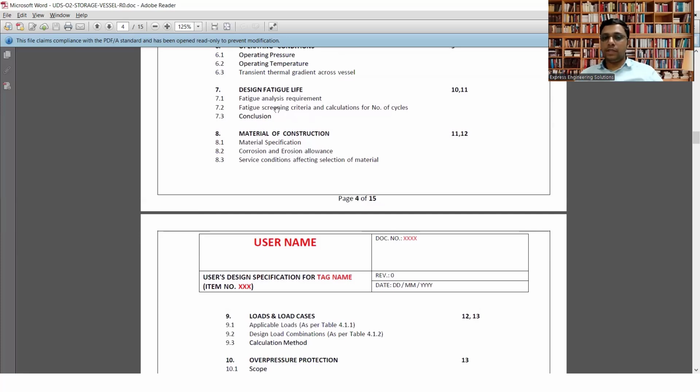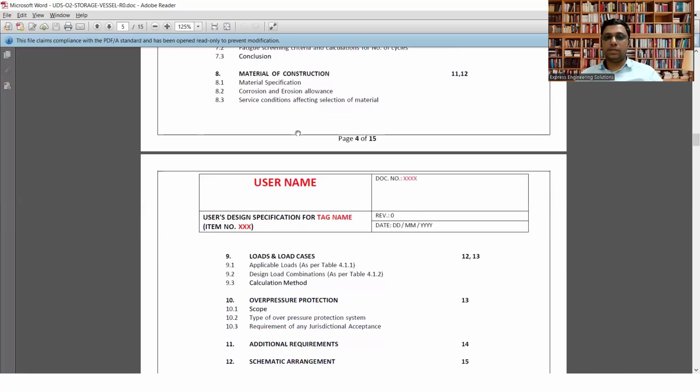So whether there is a requirement of fatigue assessment, if yes, then the requirements to be specified, how many number of cycles, whether there are pressure cycles, temperature cycles, combination, etc. Then material of construction. So what are the different materials of construction to be used for the variety of the components, like for shell, dish ends, nozzle, supports, flanges, etc.